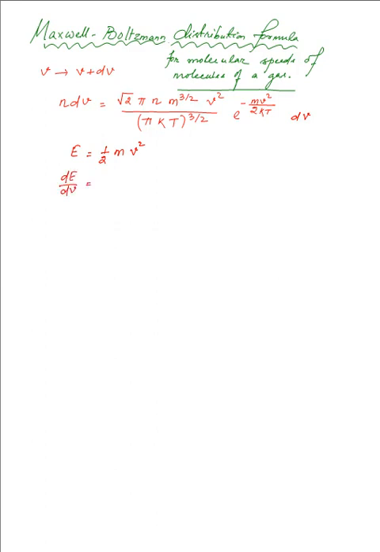Then we end up with mv on the right hand side, because the 2 has been multiplied and the power has been reduced by 1, and that leads to dE being equal to mv dv, or I can put the dv over there and divide by mv.